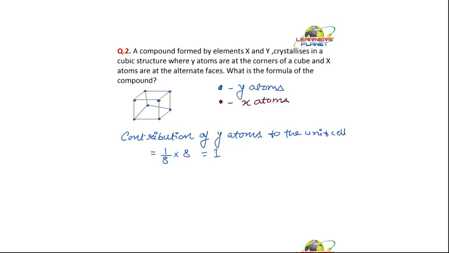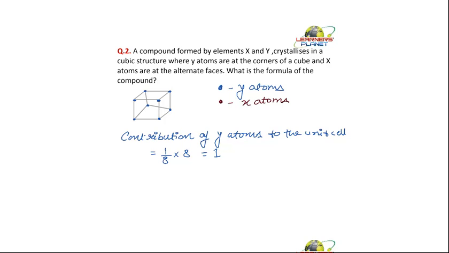Now coming to the next, that is your X atoms. X atoms are at the alternate faces. It means it is present on this. Just take a book in your hand or any cube which you are having with you. In the first face there is one atom. Sorry, I should use a different color.